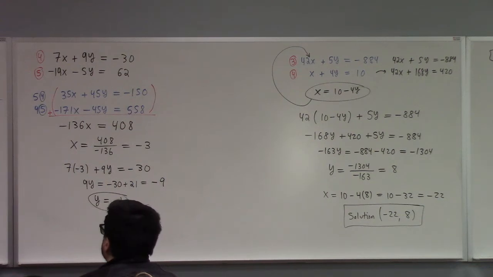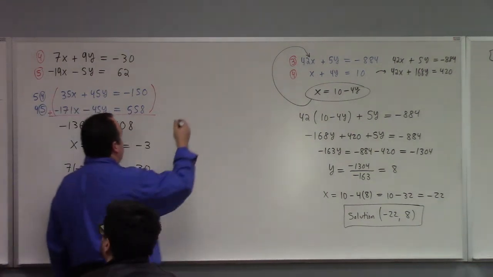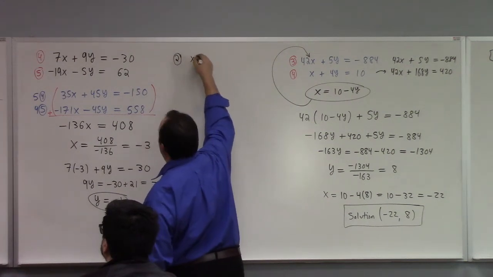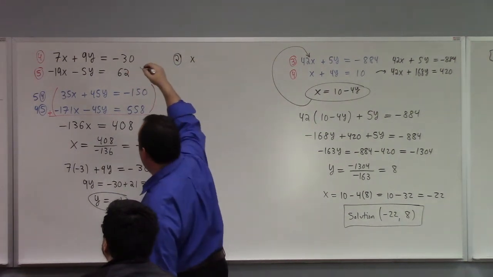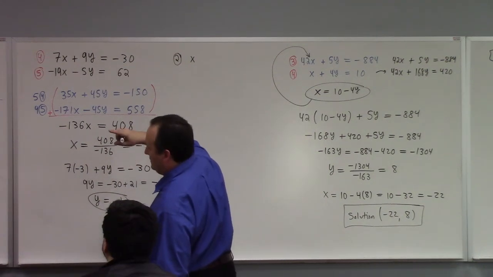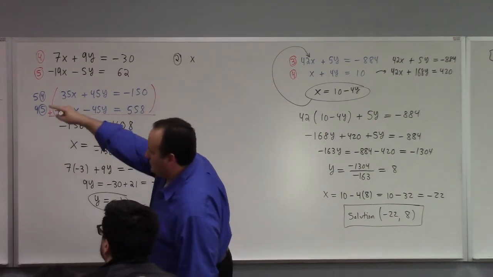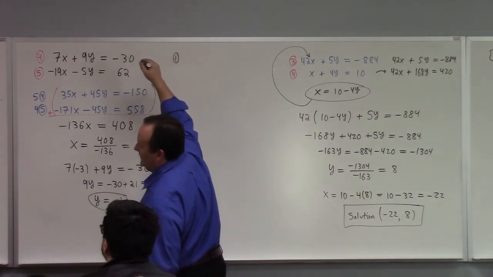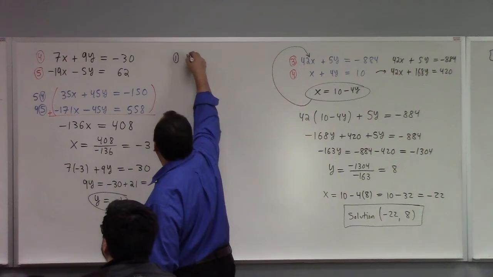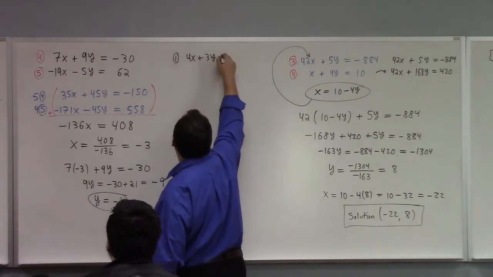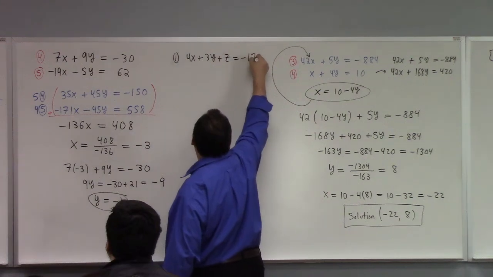Ooh, I like equation 2. Equation 2 is nice. I don't know, it doesn't really matter, but what am I doing? I've got x, I've got y. Which equation should I use? There's a choice that would be smarter. Use equation 1, because then I've got an x and a z just sitting there. So 4x plus 3y plus z equals minus 17.